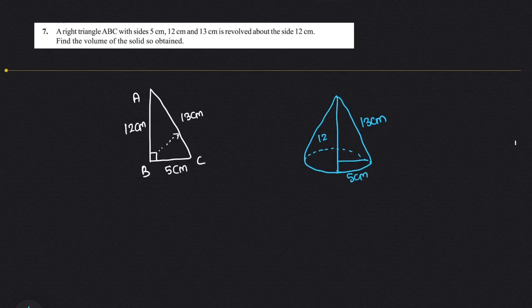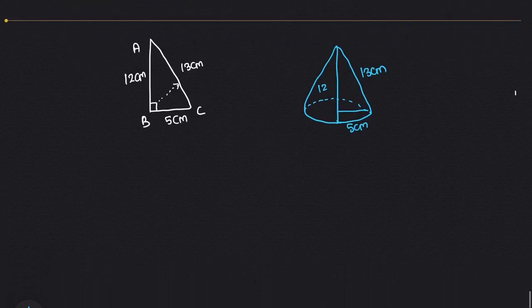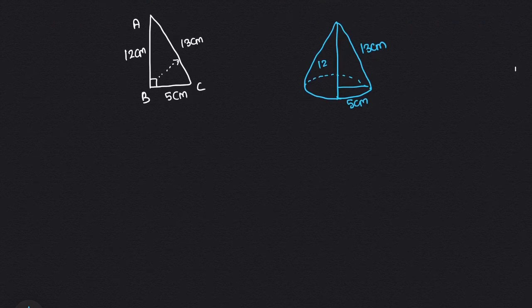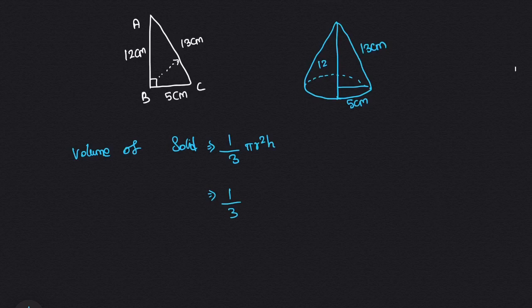So we need to find the volume. Volume of solid is 1 by 3 pi r squared h. One by 3, the pi value is equal to 22 by 7 or 3.14.